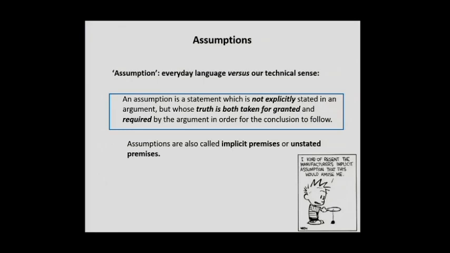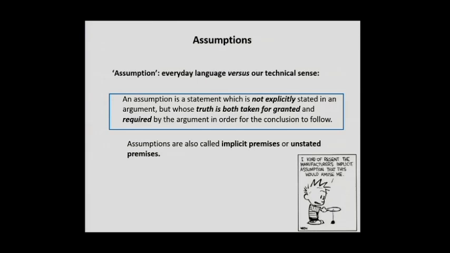If you say an argument depends on an assumption, try to find an assumption that, if it were made explicit, would make the argument valid. Then you can see whether that assumption is true or not, right? But you don't want to, for instance, think that your opponent is making some kind of assumption that would just lead to an obviously invalid argument or anything like that.